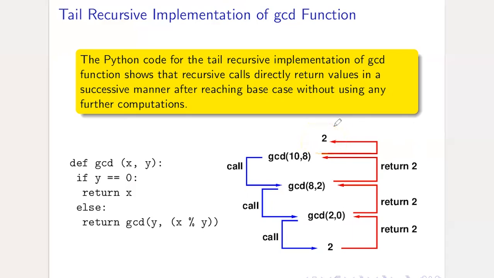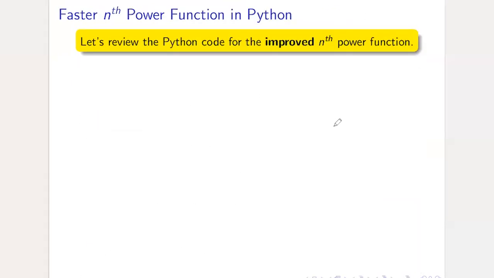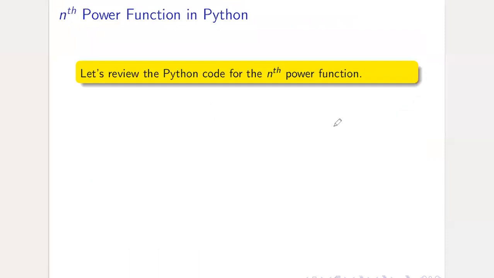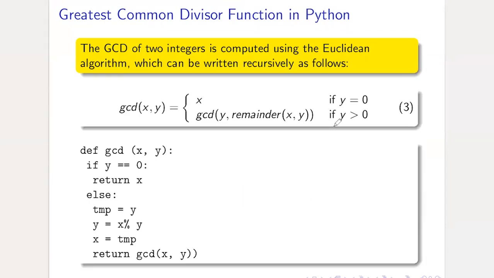Let me quickly go back to the original discussion we had on the greatest common divisor to show you what our problem was. In the original implementation we had computations happening here.